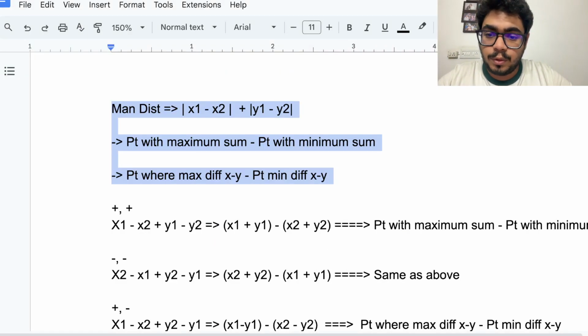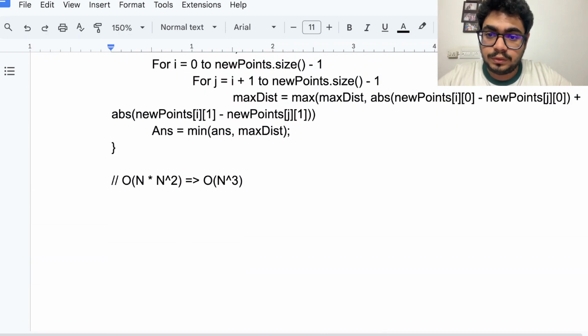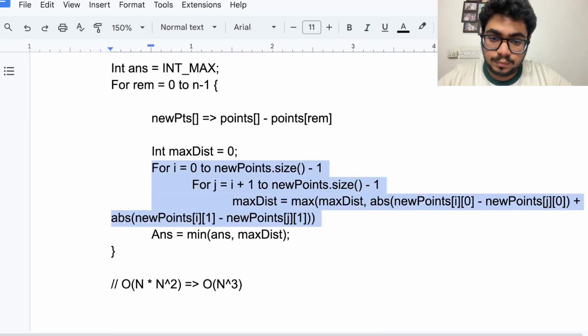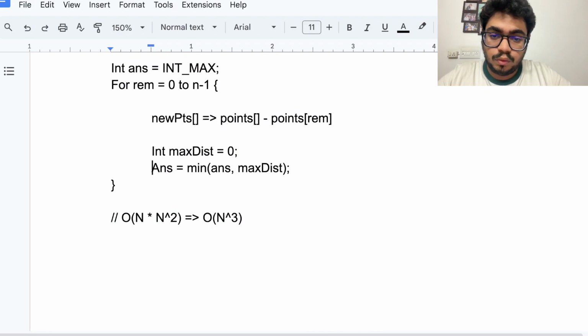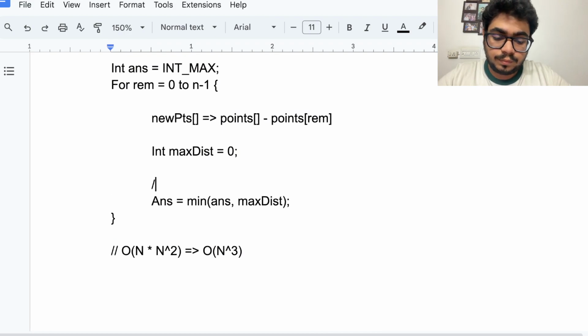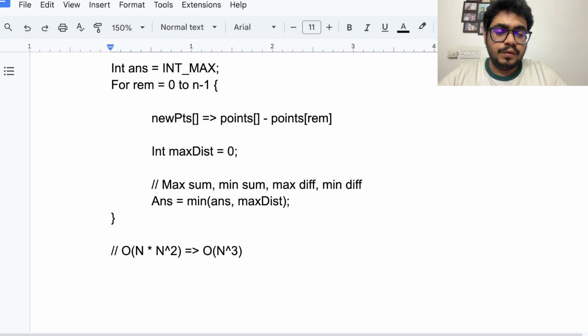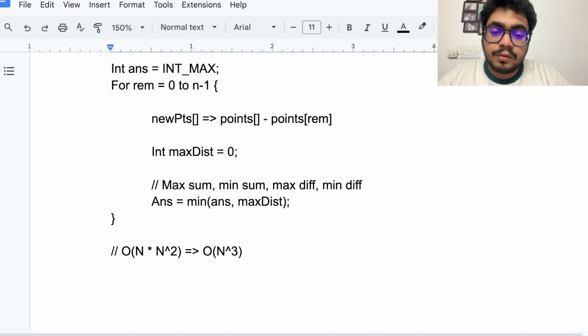So actually, if you think about it, we can reduce this to 4 for loops: maximum sum, minimum sum, maximum difference, minimum difference, which are just O(n). Loop, find the sum, take the max, find the sum, take the max, right? So just one loop.